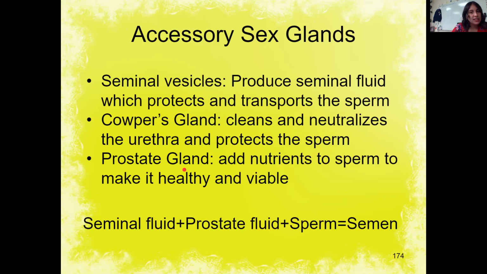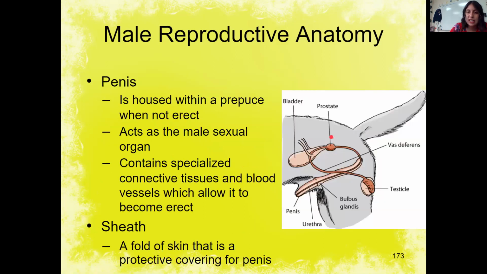And then the last accessory sex gland that we have is the prostate gland, which produces prostate fluid. So the prostate fluid mixes in with the sperm as it's making its way through the reproductive tract. You can actually see the prostate gland right here. So as that sperm is making its way through, when it comes through here, the prostate gland is like, hold on, I got something for you.